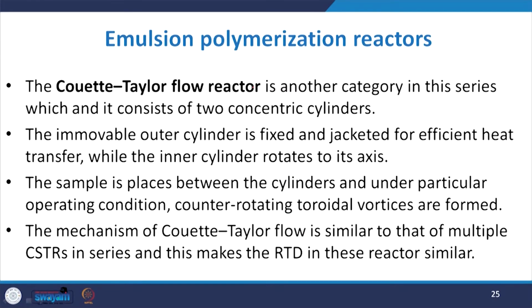Now, the Couette-Taylor type of flow reactor is another category in this series, which consists of two concentric cylinders. The immovable outer cylinder is usually fixed and jacketed for efficient heat transfer, while the inner cylinder rotates about its axis.